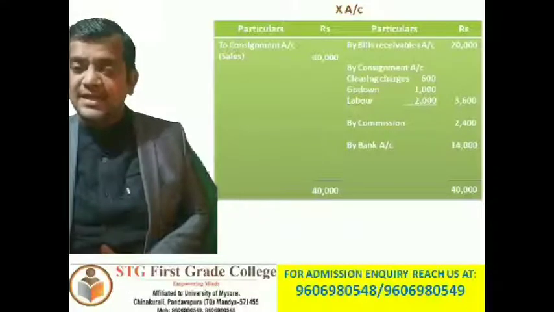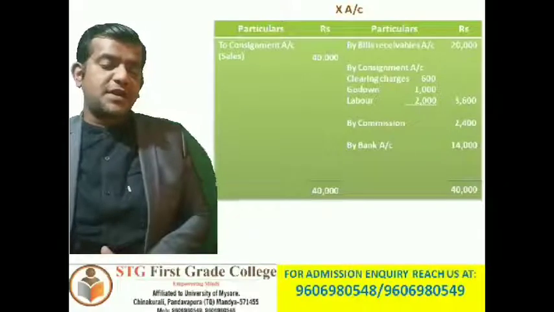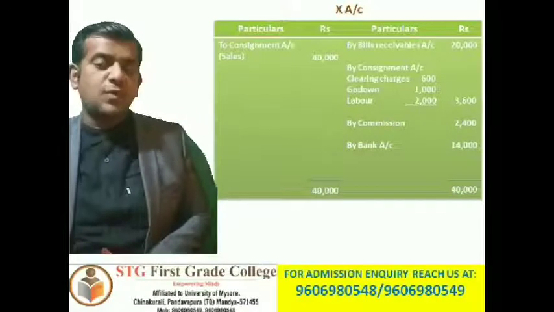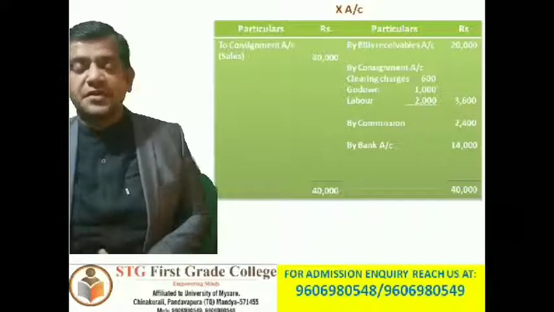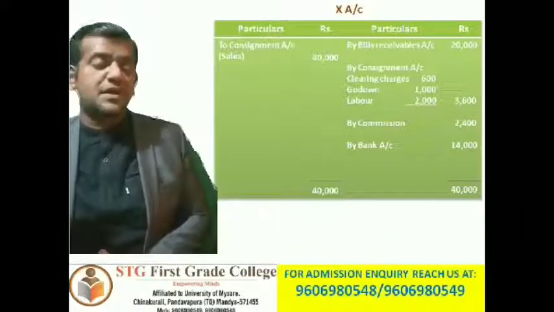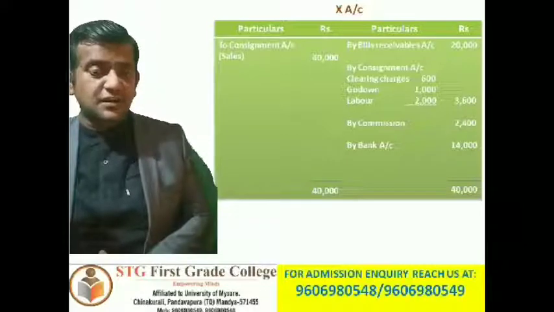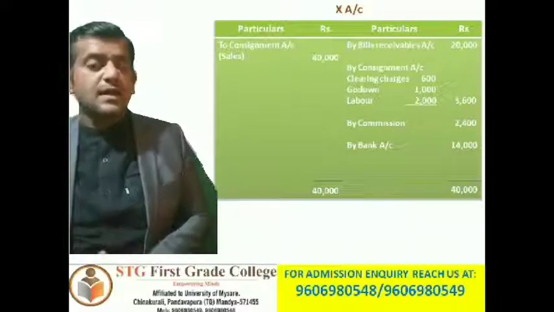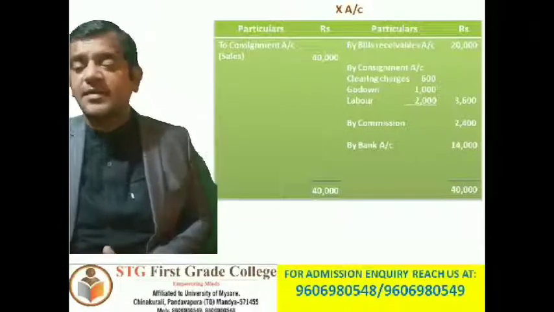So consignee's account, particulars, rupees: to consignment account, that is nothing but sales. So how much is the sales? 40,000. That we all know, you can refer to the consignment account in the books of XYZ. There we have entered that in the credit column, and here we have entered it in the debit column. By bills receivable account, advance payment 20,000.